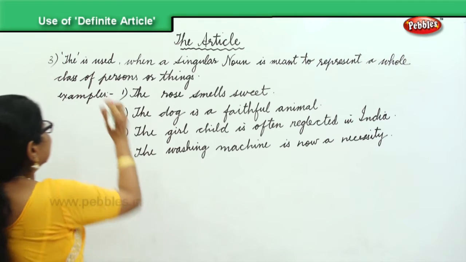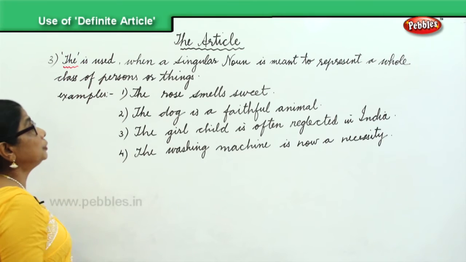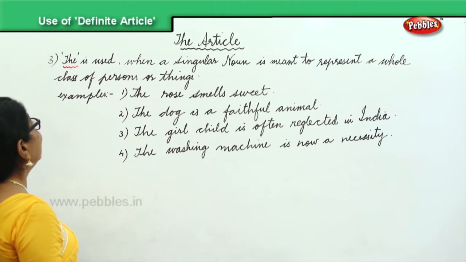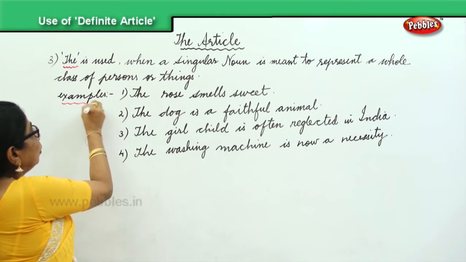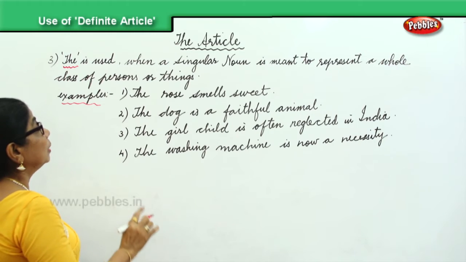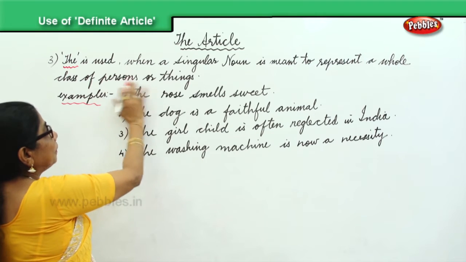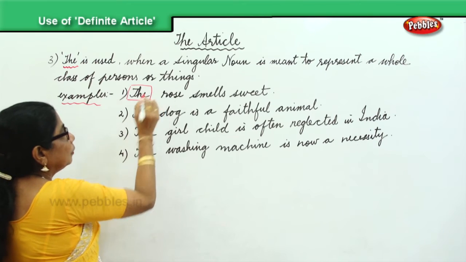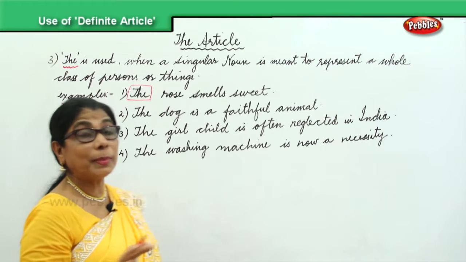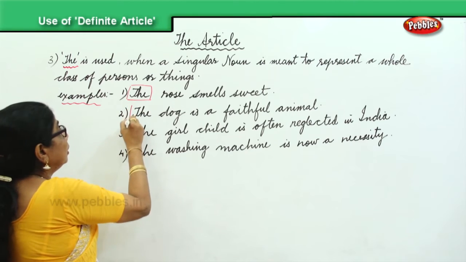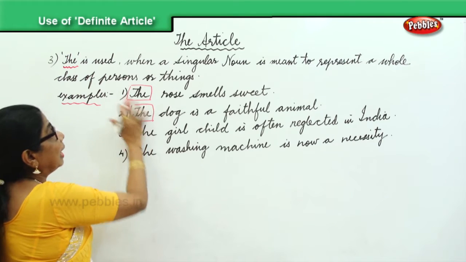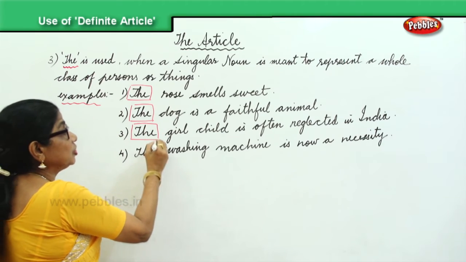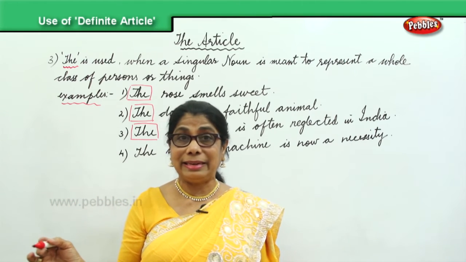We're talking about the is used when a singular noun is meant to represent a whole class of persons or things. When you talk about the rose, the flower: the rose smells sweet. The dog is a faithful animal. The girl child is often neglected in India.